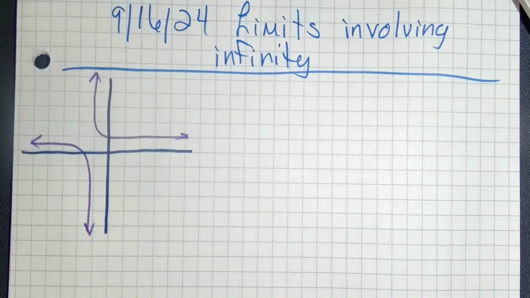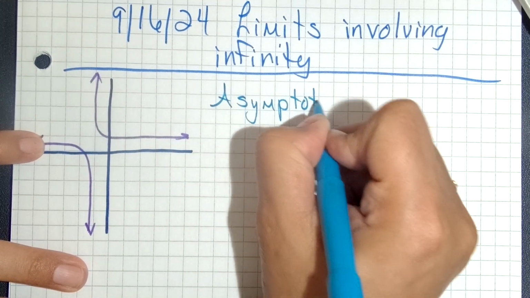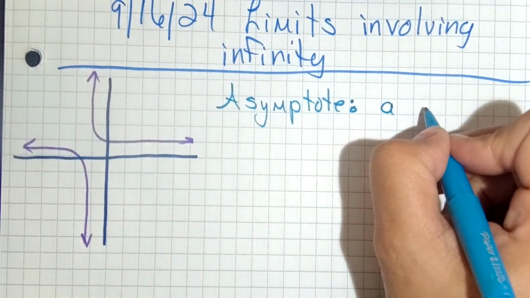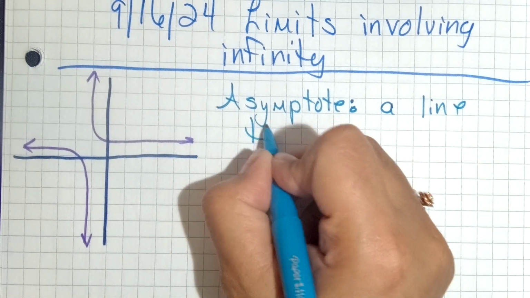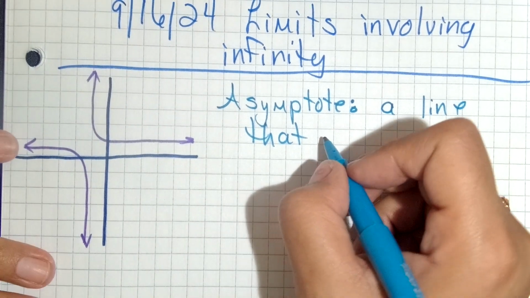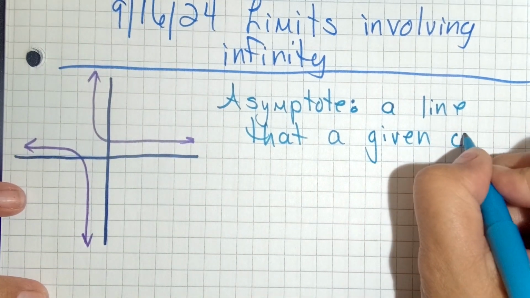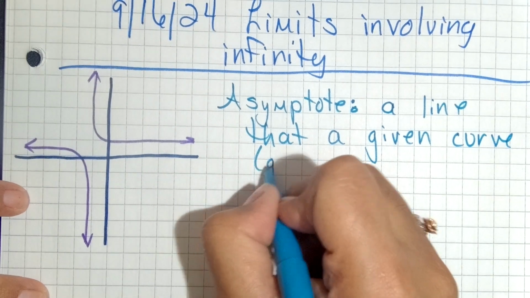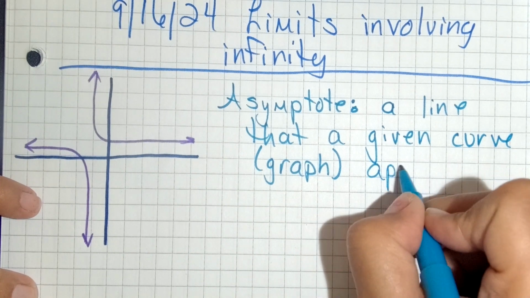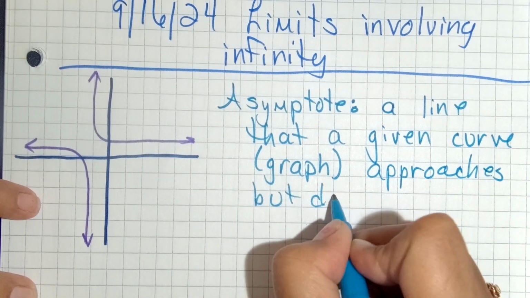So on this graph, we have something called asymptotes. An asymptote is a line that a given curve or graph, we're going to use both words interchangeably, approaches but does not touch or cross.